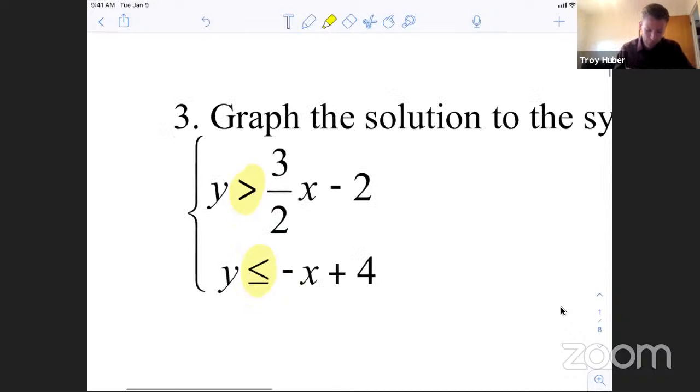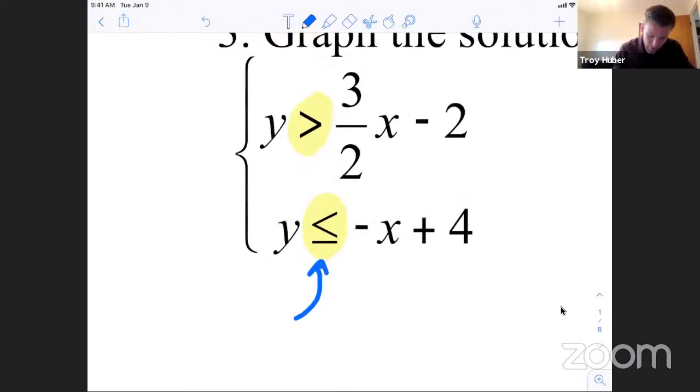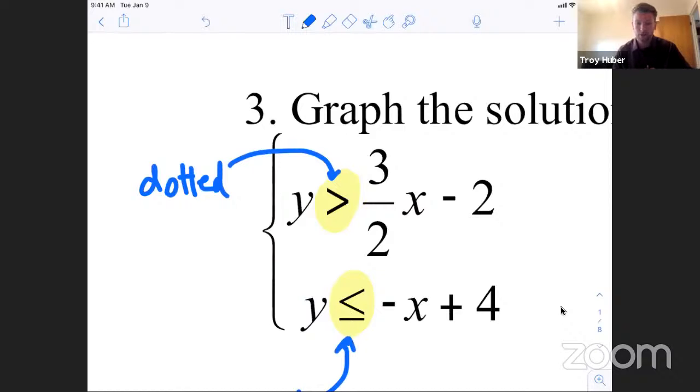Okay, first of all, when we graph these, we need to know if it's or equal to, meaning it has this line underneath, that is a solid line on your graph. And if it does not, this is a dotted line on your graph, and we'll talk about that later.